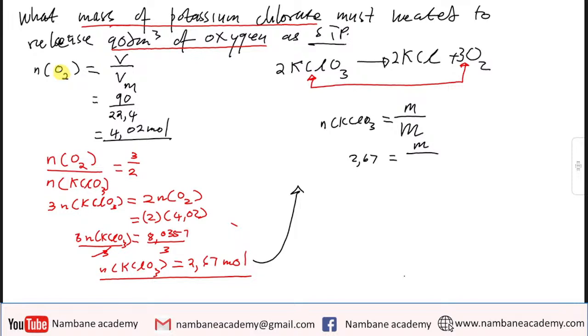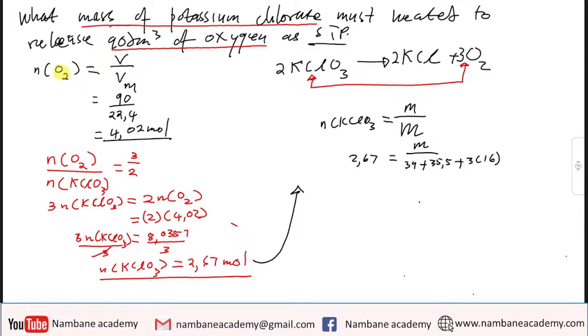So the molar mass of potassium chlorate is K, which is 39, plus Cl, which is 35.5, plus oxygen multiplied by 3, which is 16 multiplied by 3, and I am not sure. Let me just quickly check. I think this is 122,5. So it is 3 multiplied by 16 plus 35.5 plus 39.